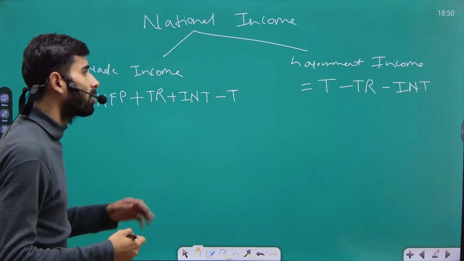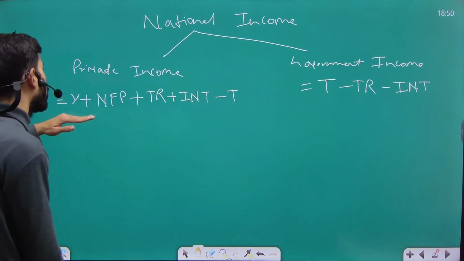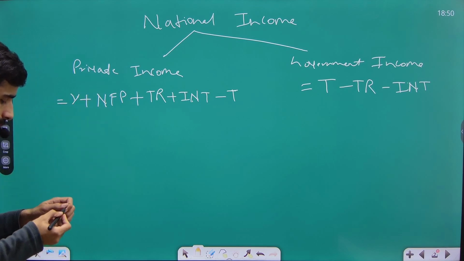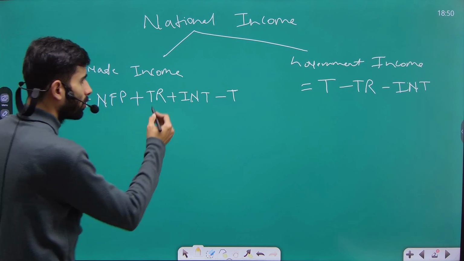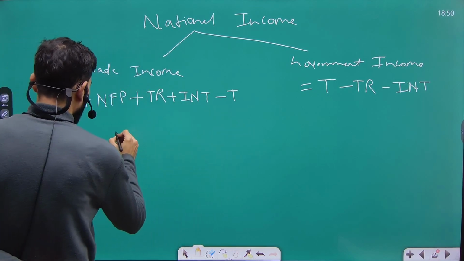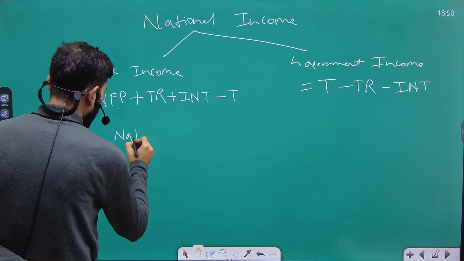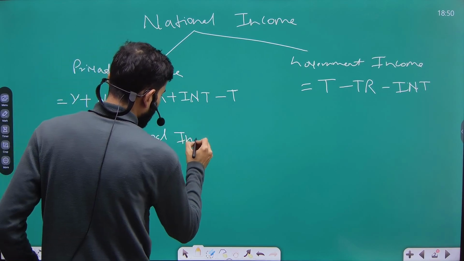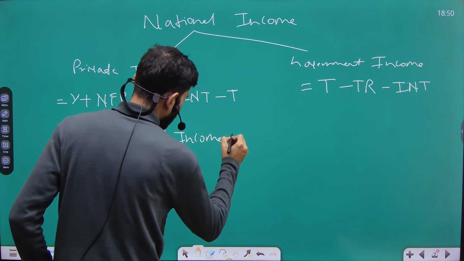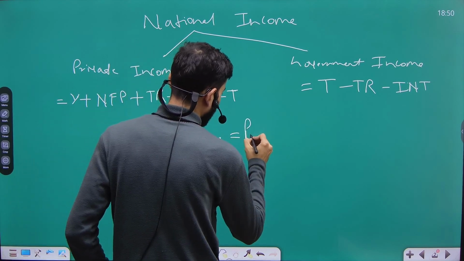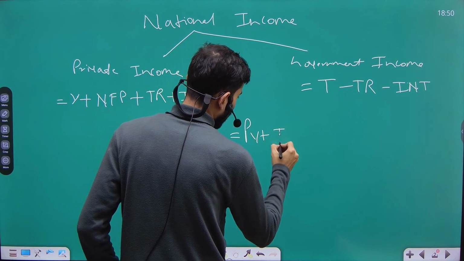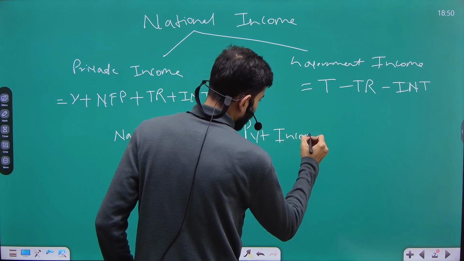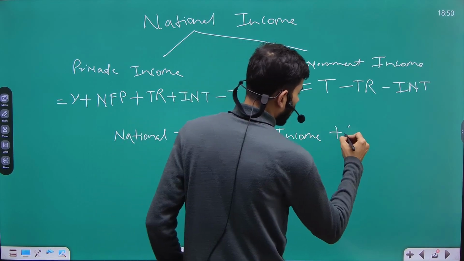This sum is government income, and the earlier equation shows the private income. If we sum these two, we get national income. So national income is the summation of private income plus government income.